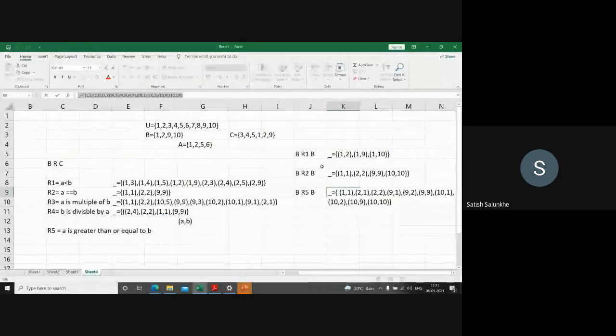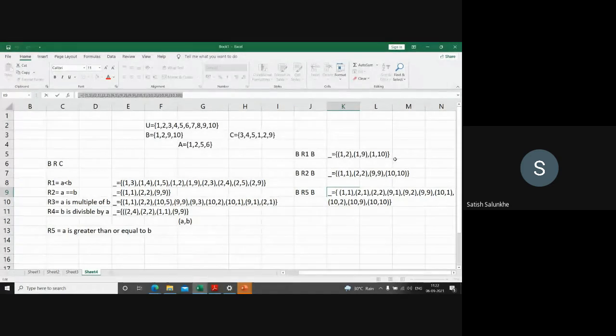Can you tell me now whether R1 is antisymmetric or not? Come on, quick. You just need to check whether the antisymmetric property is getting violated or not. What is that property?